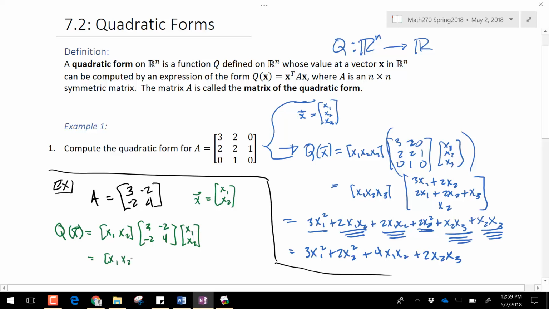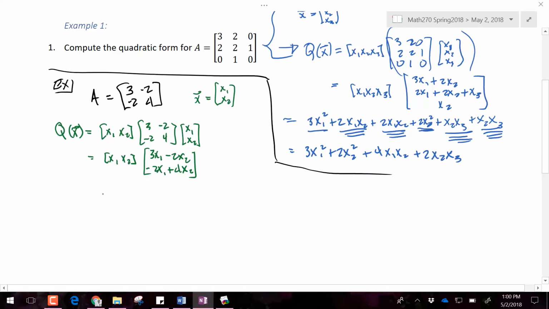So let's see if we can quickly move through this. We have 3x1 minus 2x2 minus 2x1 plus 4x2. So we have a 1 by 2 times a 2 by 1. This is where we're going to get our 1 by 1, or scalar.